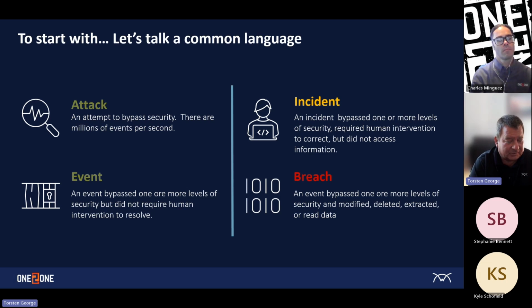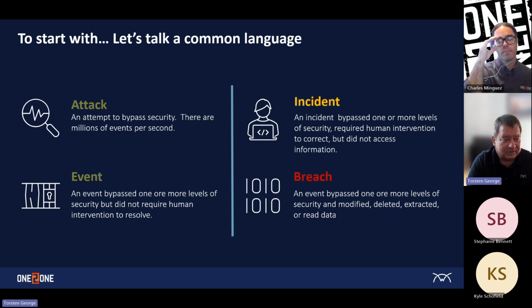What's an example? For instance, you can have identity access management solutions in place that detect that there's an unauthorized request, and it basically blocks that request. It doesn't allow the attacker to progress, and that's called an event. And then we have incidents. An incident bypassed one or more levels of security and required human intervention to correct it, meaning a security analyst will take actions, but the hacker was not able to exploit, retrieve, or exfiltrate any information.